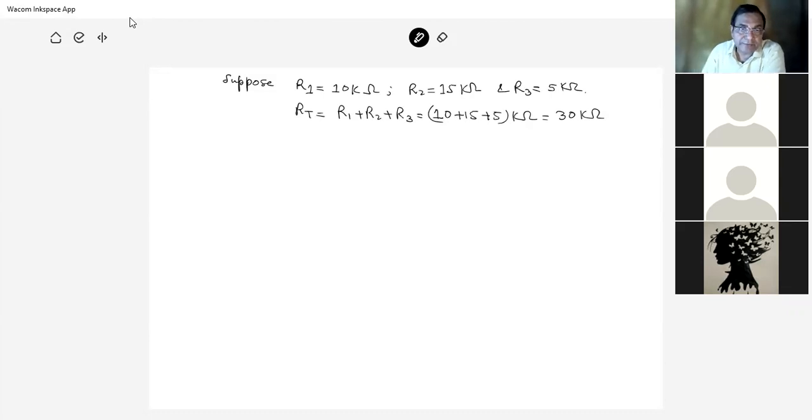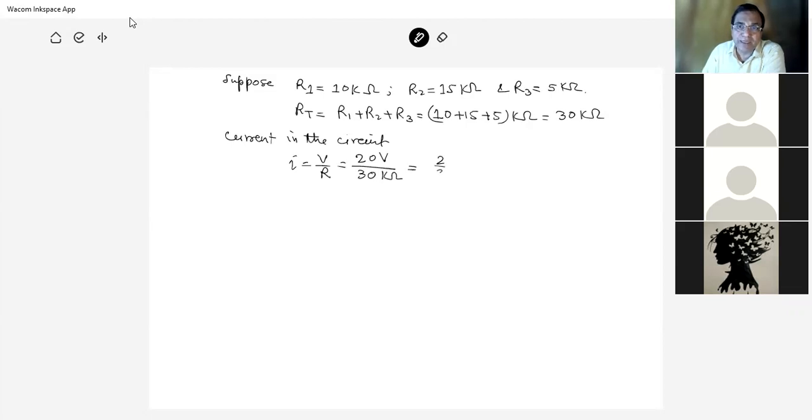So current in the circuit, I is equal to V by R. V is 20 volt and resistance is 30 kilo ohm.